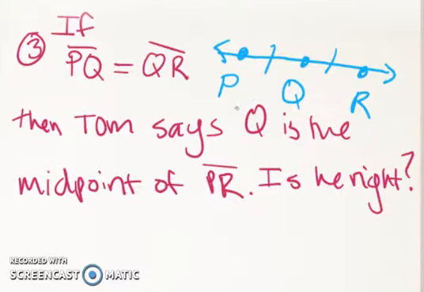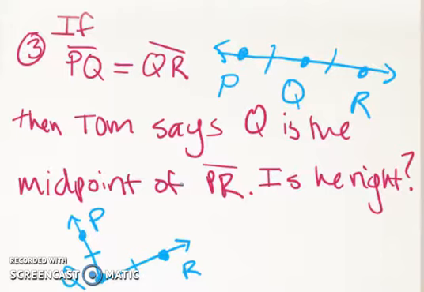Let's see, can we draw a picture where PQ and QR are congruent, but Q is not the midpoint? Let's try. Okay, let's look at this drawing. What if I put P here and R here and then Q here? It's possible that these 2 could be congruent, but Q is actually not the midpoint of PR.